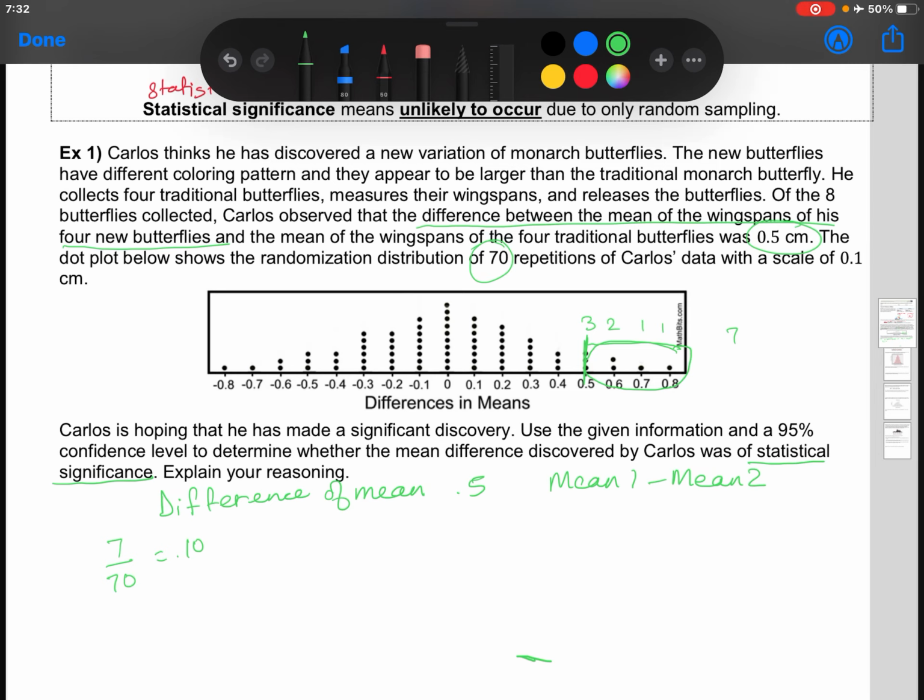10% is too large. We're looking at the top 2.5%. So what does it mean? Let's write this down. Let's explain where we get the number 7 from. There are 7 values as big or bigger than 0.5 from the graph.